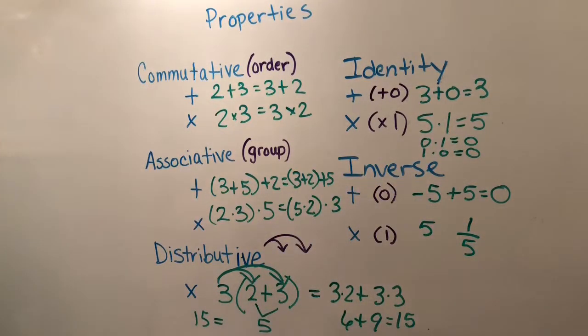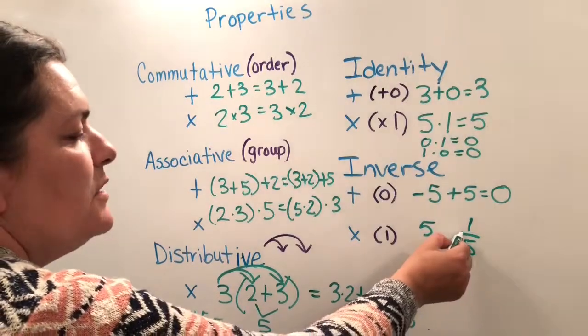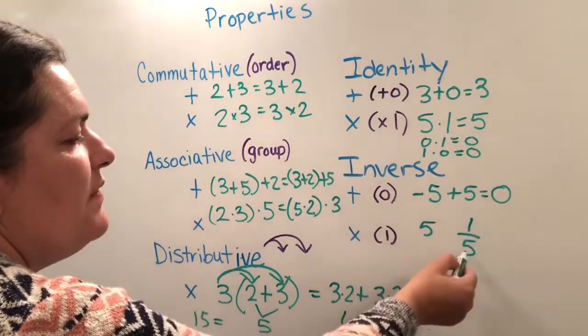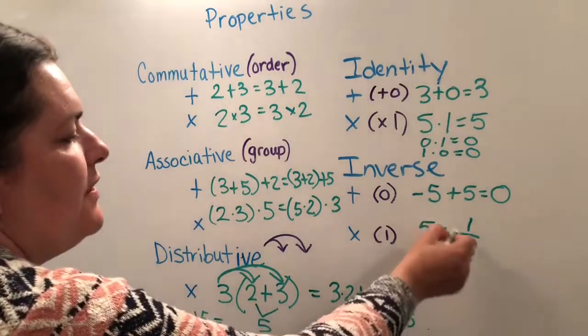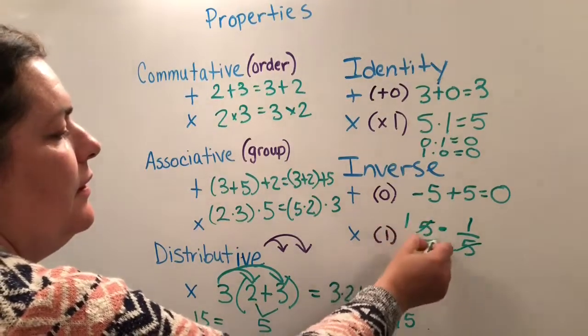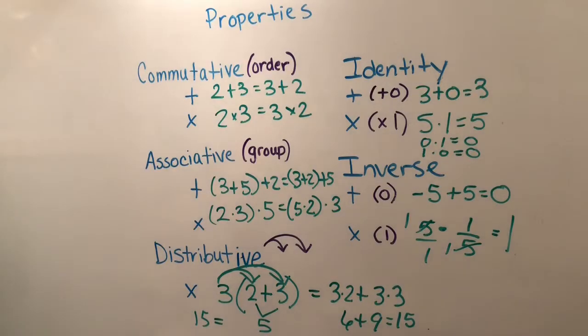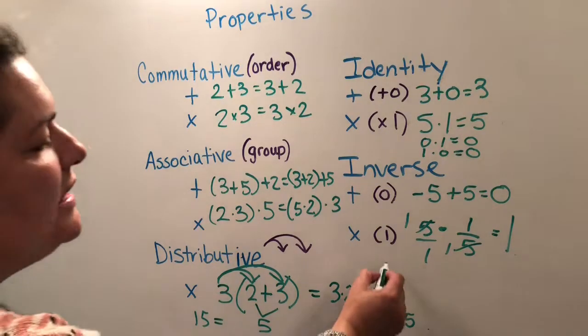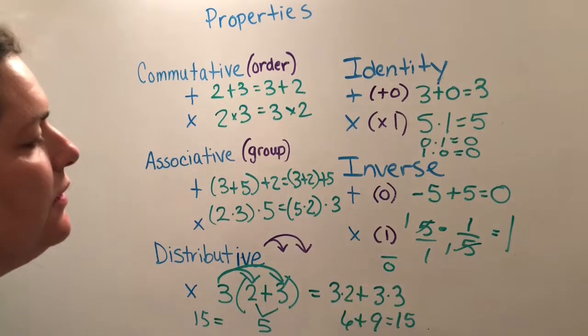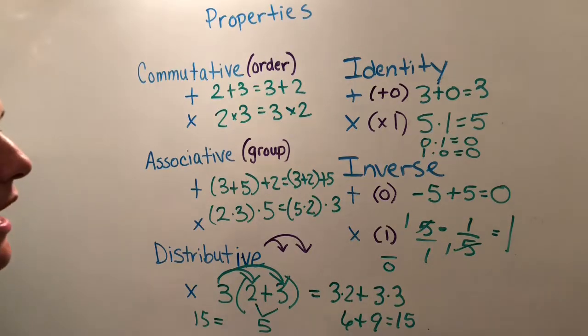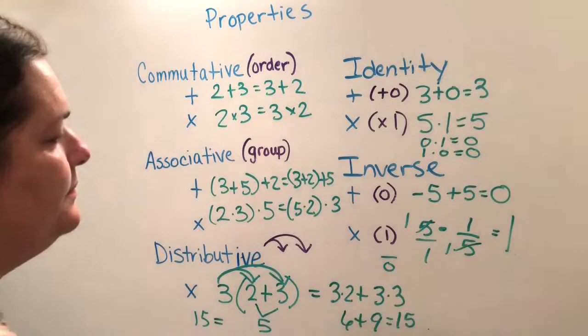So the opposite of multiplication is division. So we move it to underneath, and when we multiply those together, we get 1. And that is true for any number except for 0. We do not divide by 0. That is undefined. So we are not going to use that in the case of 0. But any other number, you can take its inverse and you can get 1.